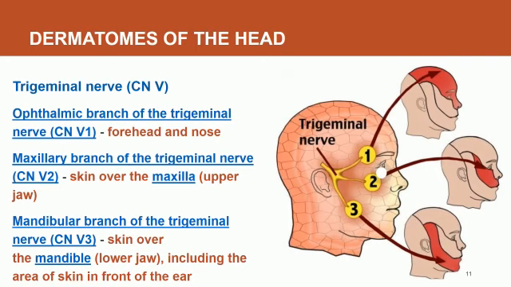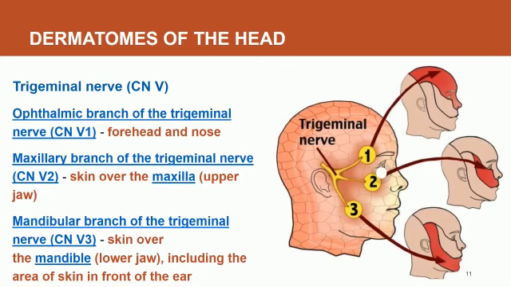The ophthalmic branch supplies the forehead, nose, conjunctiva, and cornea of the eyes. The maxillary branch supplies skin over the maxilla, upper jaw, nostrils, and inferior nasal mucosa.